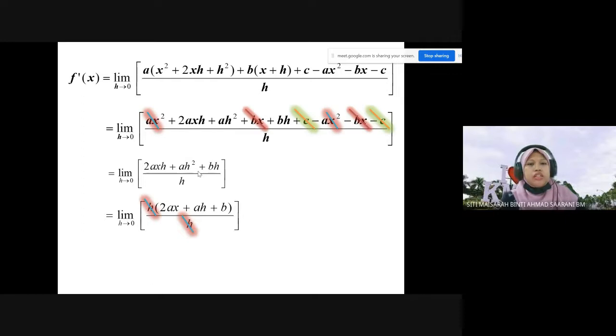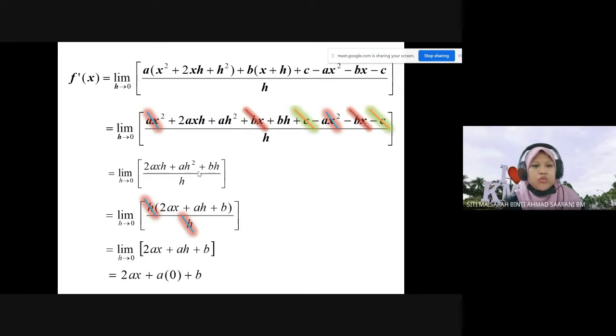Actually, following the idea of limits, as mentioned before, for the limit of a number we can substitute. If we substitute here, the bottom becomes zero. When the bottom is zero, over zero, the denominator cannot be 0. So we are supposed to cancel the h at the bottom. That is the main point. After we have cancelled the bottom, we can evaluate the limit. We substitute h equals 0. So we get 2ax plus a multiplied by 0 plus b.